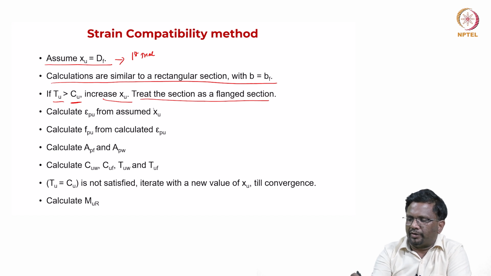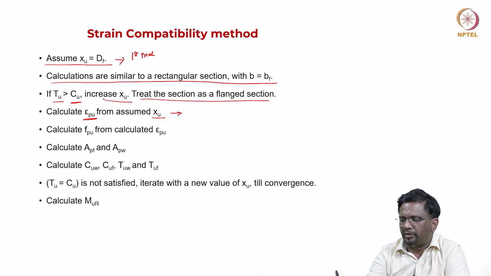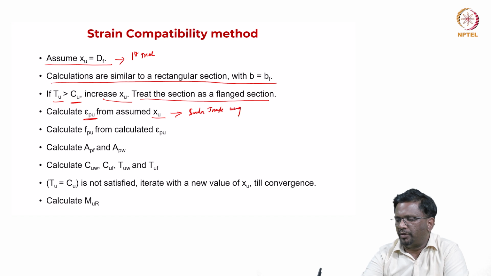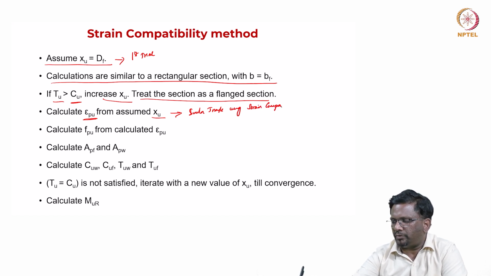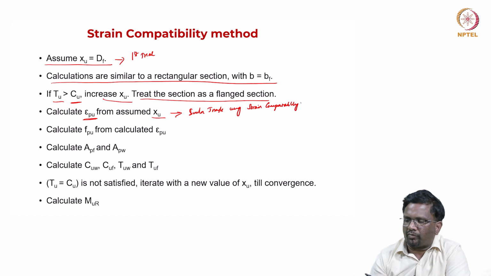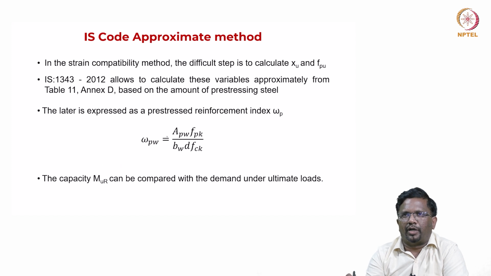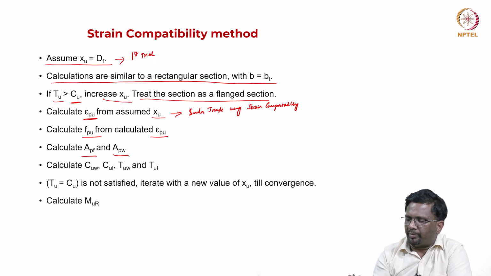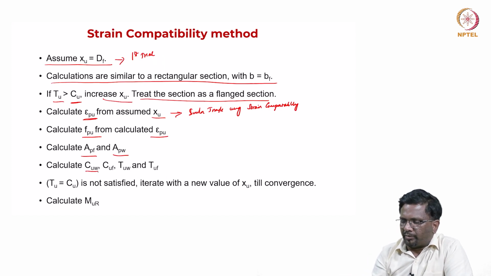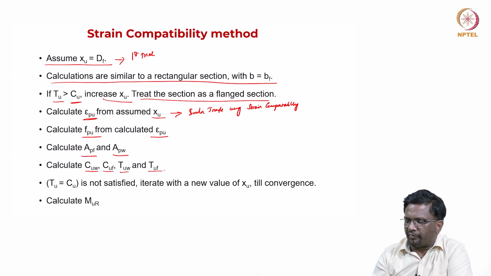Once xu again is assumed, then we can get your epsilon pu from similar triangles using strain compatibility. Okay, and FPU is calculated from epsilon pu, and I can get my APF and APW and calculate your compression force from web, compression force from flange, tension force from web and tension force from flange.